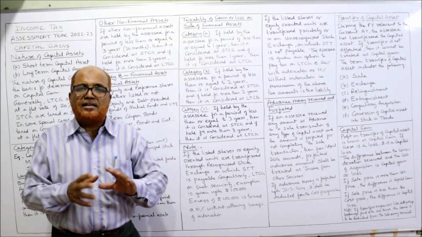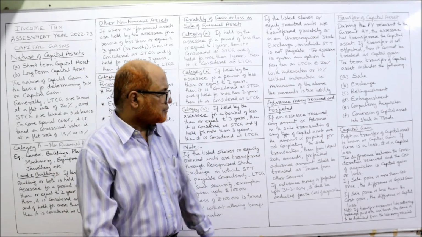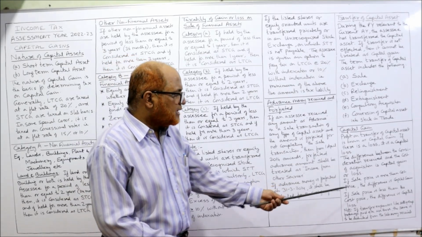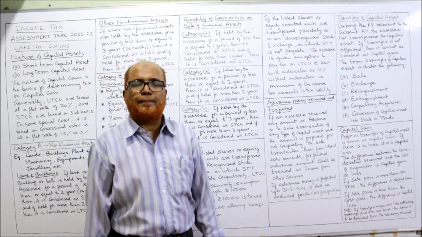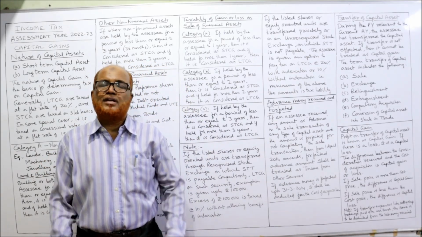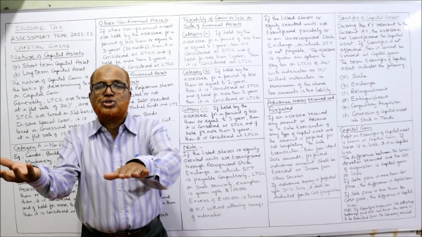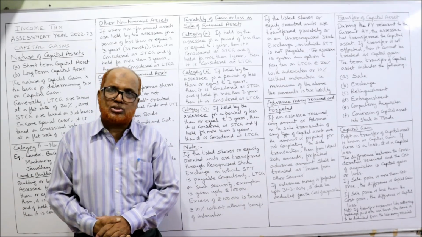Suppose the sale consideration is less than the cost, there may be a capital loss. If the sale price is more than the cost price, the difference is called capital gain. When the selling price is more than the cost of acquisition, there is a capital gain. If the selling price is less than the cost of acquisition, there is a capital loss.